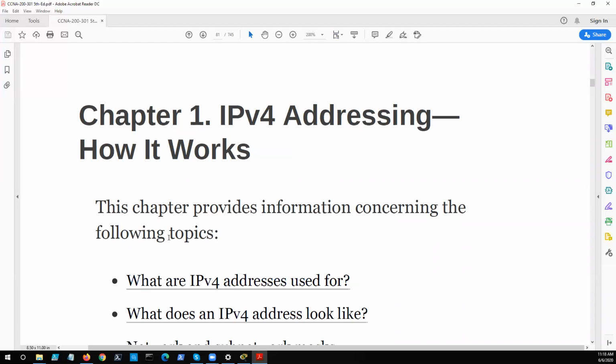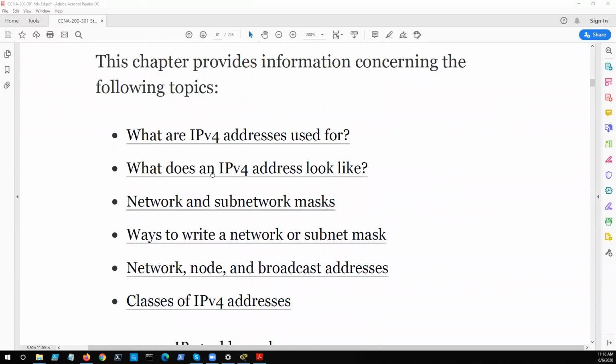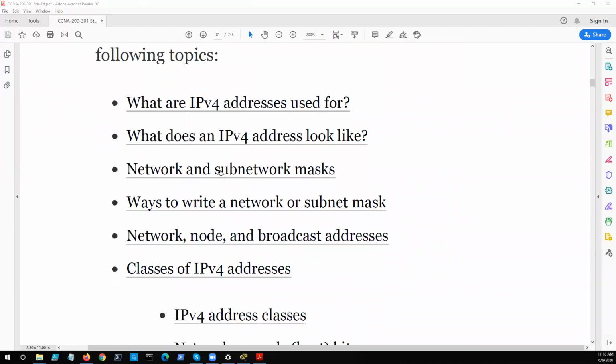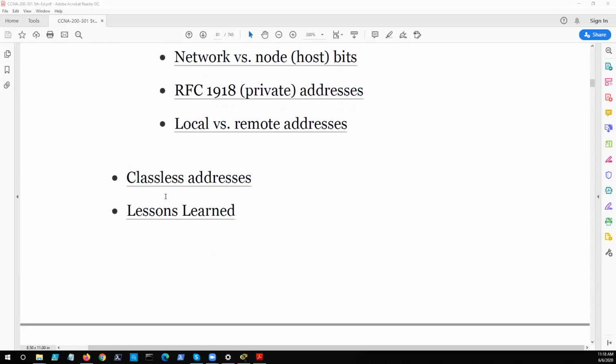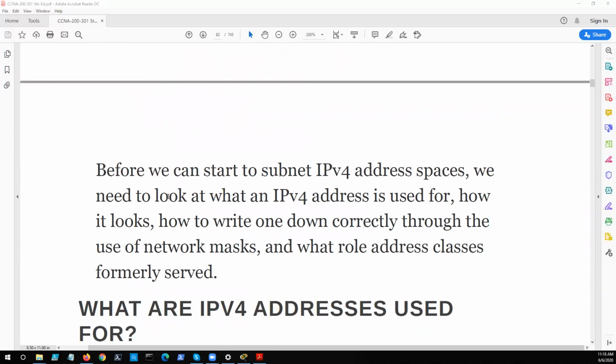So chapter 1, we're gonna start with chapter 1. Okay, so I want to make sure admitted lahat. So we're gonna talk about what is IPv4 network and subnet, ways to write a net subnet, and so on. So ano difference ng classful sa classless?